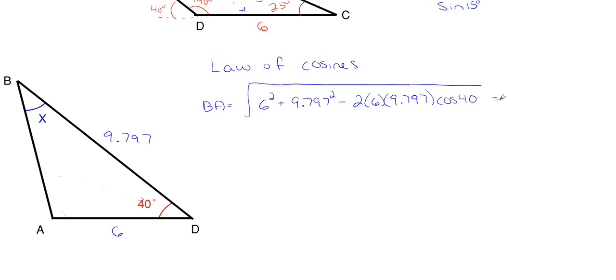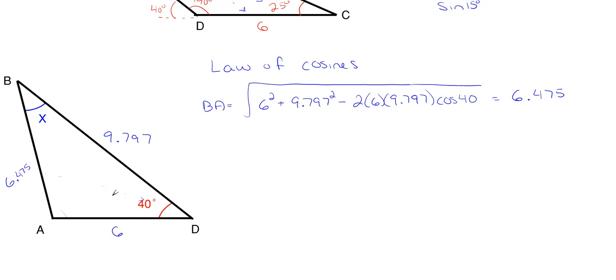So solving all this out, that gives me a side of BA equal to 6.475. So this right here is 6.475 from A to B or BA.